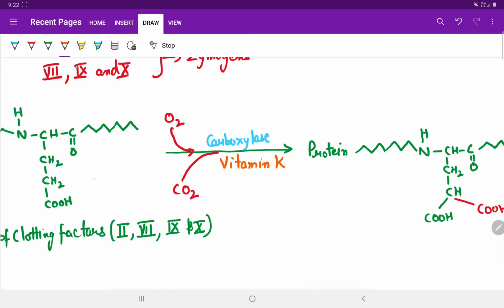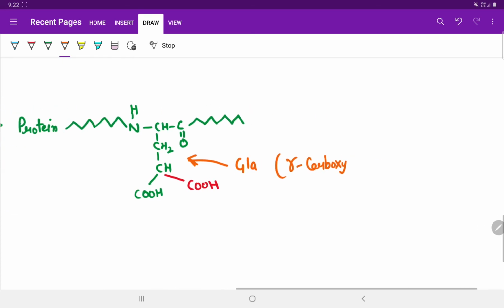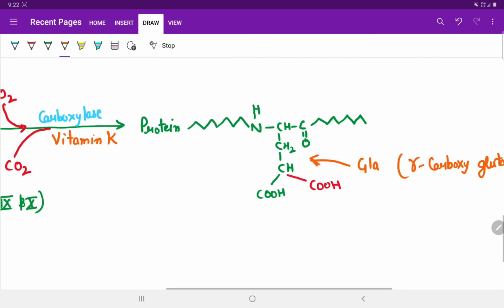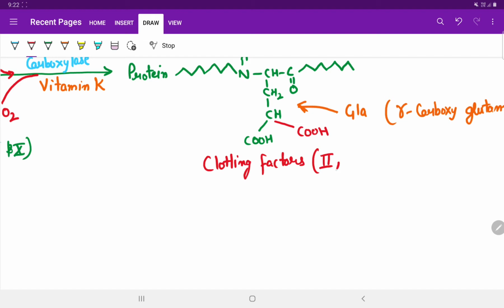If we see, this is the glutamic acid residue, whereas this is the gamma carboxy glutamate. And these are the actual clotting factors. Which ones? 2, 7, 9 and 10. So remember, these 4 clotting factors are dependent on vitamin K.